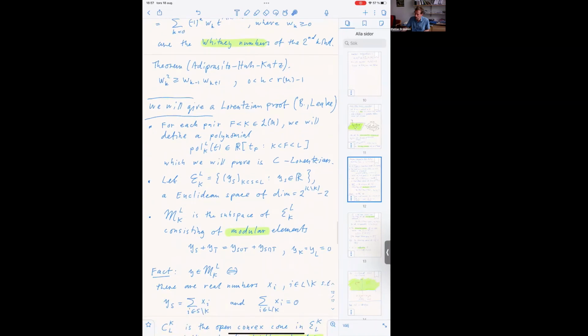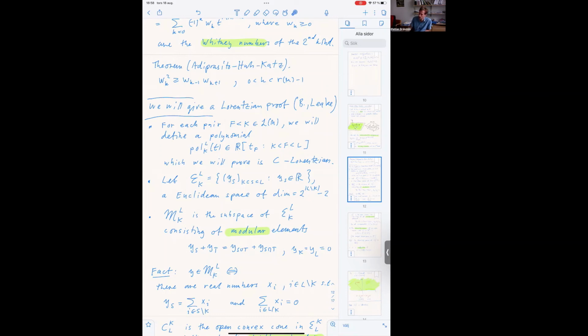So where does this polynomial live? Well, we have this Euclidean space, which I denote by script E here, indicating K and L. And we have one variable for each set strictly between K and L. So here, this S does not need to be a flat itself.